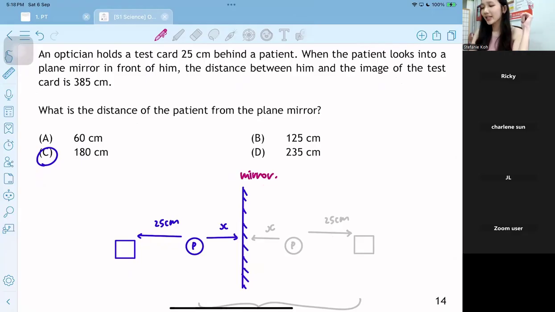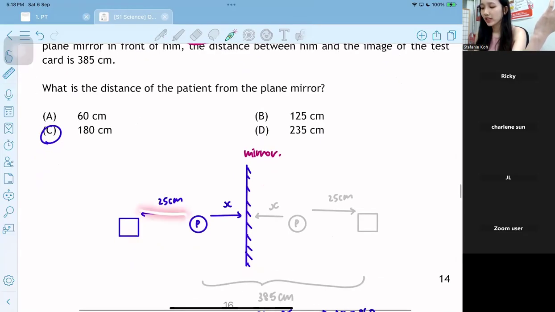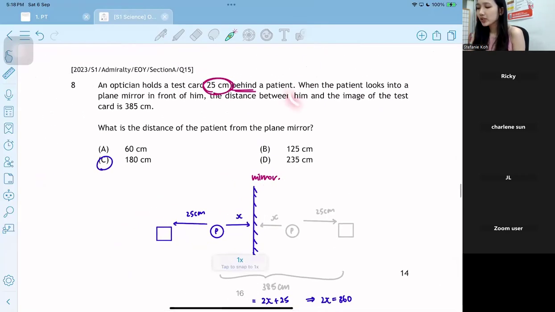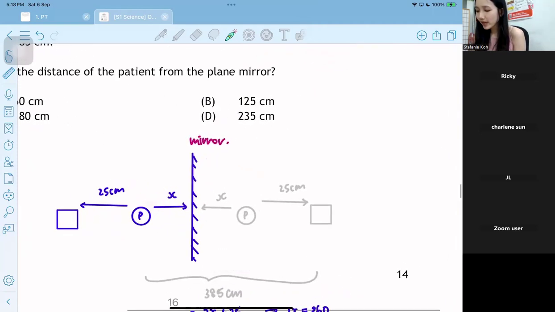Then behind the patient, 25 cm away is the cart. Now, the distance between him and the image of the cart is 385. Between him and the image of the cart is all the way here.